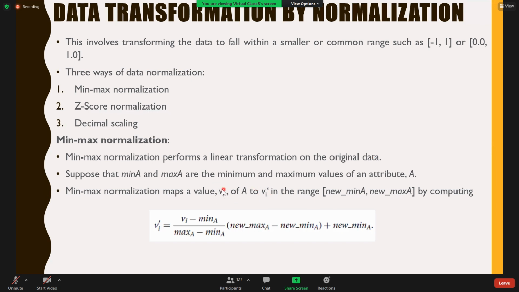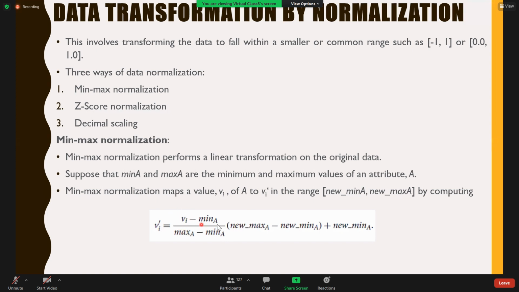Vi is the actual data. Vi dash is the transformed data. The new values will be within the range new min A, new max A. How to calculate this new value Vi dash? Min-max normalization follows this approach. Whatever value you need to transform, that is Vi.